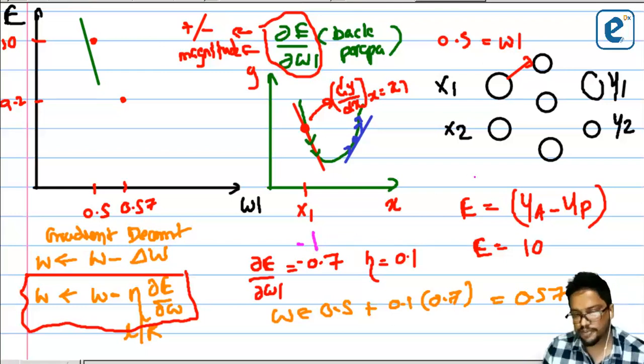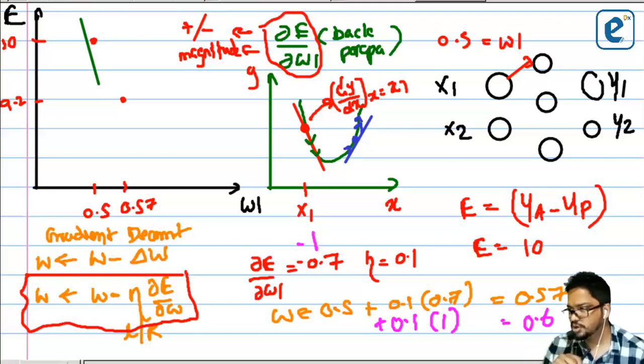So what's going to happen now? So then this should be plus 0.1 into 1 and this will be 0.6, right? This should be 0.6.